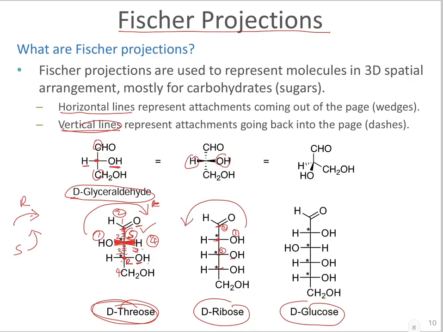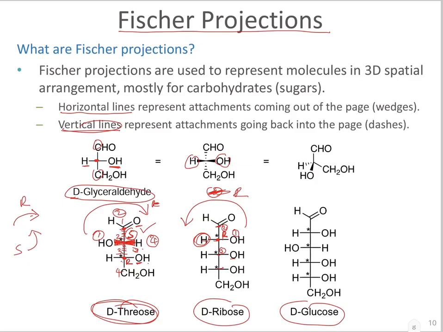So counterclockwise is supposed to be an S configuration, but this hydrogen of the 4th priority is supposed to be facing away. Because it is horizontal, it means it is facing up. We want it to be down, so we change that configuration to be R. So this is going to have an R configuration. Okay?